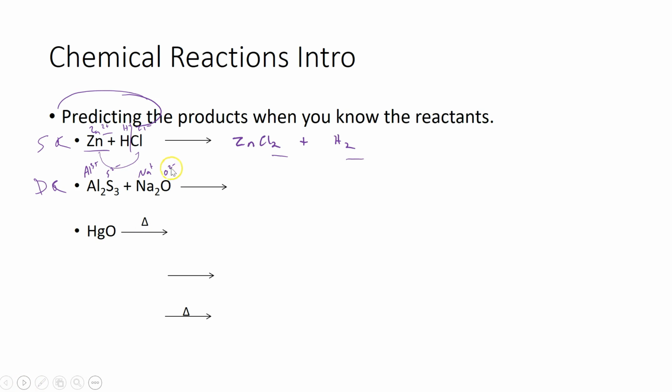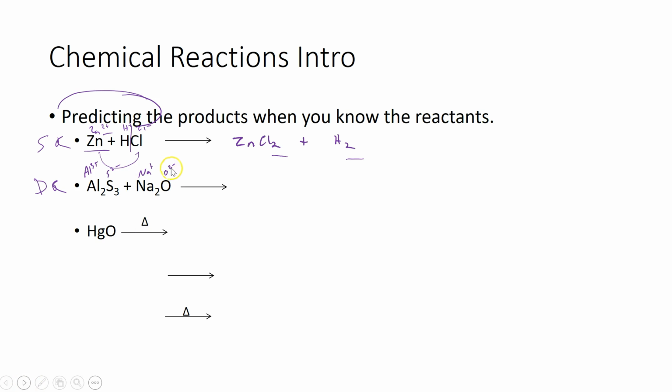If a reaction were to take place, that means I'm going to have to split these guys apart, and recombine them in a new form. So if a reaction takes place, my aluminum, if it's no longer with sulfur, is going to have to combine with another negative element, so that would have to be oxygen.